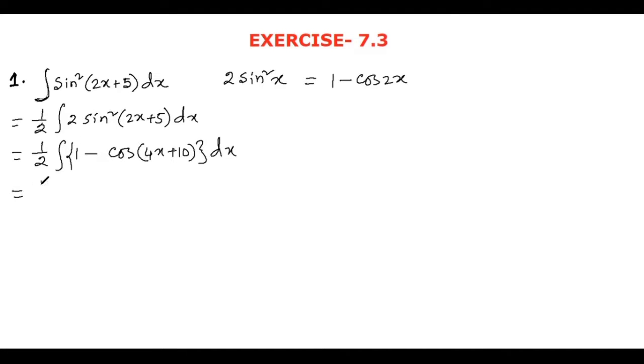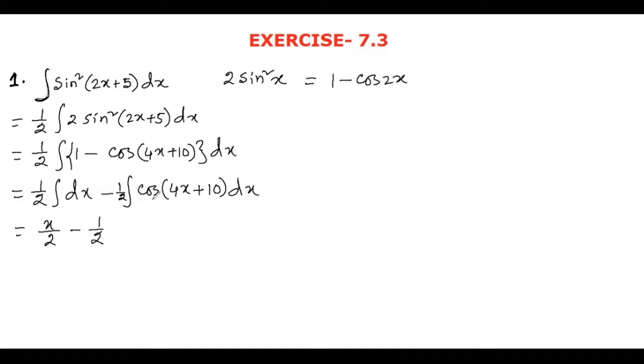Okay, next 1 by 2 integration dx minus 1 by 2 integration cos of (4x plus 10) dx. So dx integration is x, and here 1 by 2, so x by 2 minus 1 by 2 cos x integration.